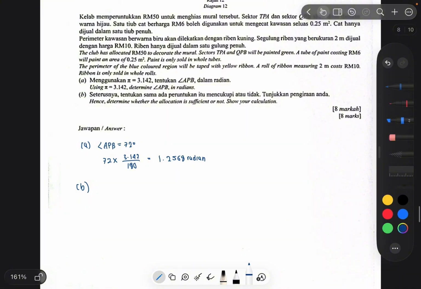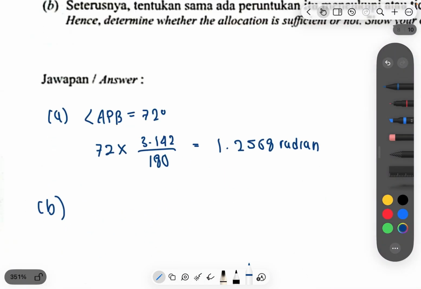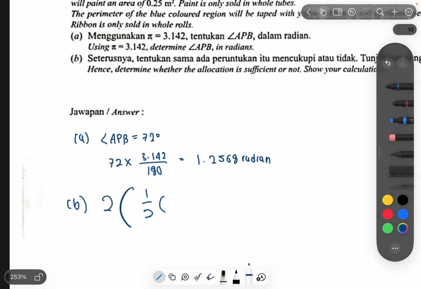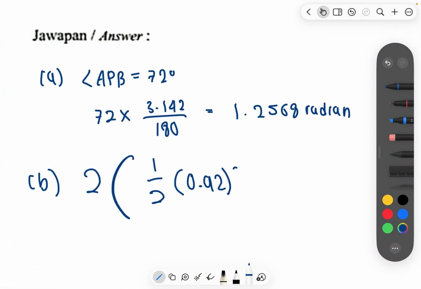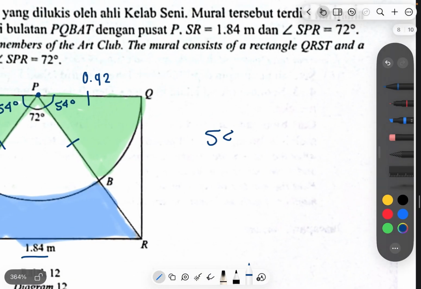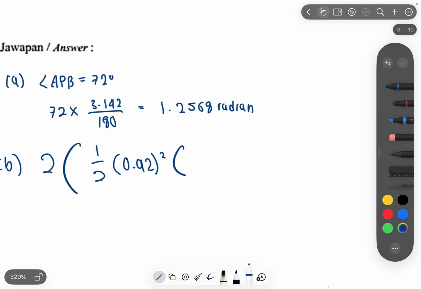Okay, so first they want to find if the price allocated is sufficient. So first we have to find the area for the two sectors that are green. Area of sector is 1 over 2 r squared theta. R is 0.92, 0.92 squared times the angle in radians. Convert 54 to radians. 54 times 3.142 over 180 is equal to 0.9426, I'll choose at least 4 decimal places to be safe.